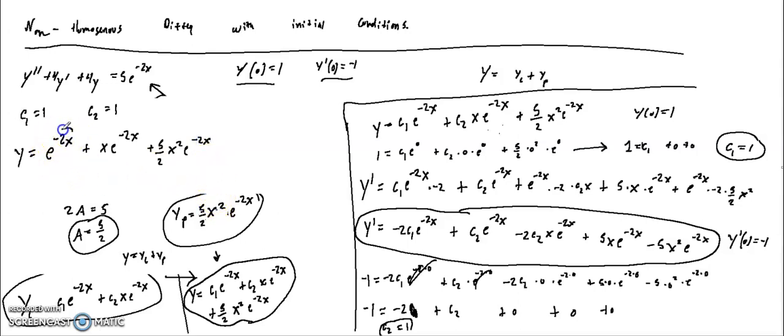And that is our final specific solution to this differential equation. And the beauty of this is this times 4 plus its derivative times 4 plus its second derivative equals exactly 5 times e to the negative 2x. And I think this is the only equation that will satisfy that.